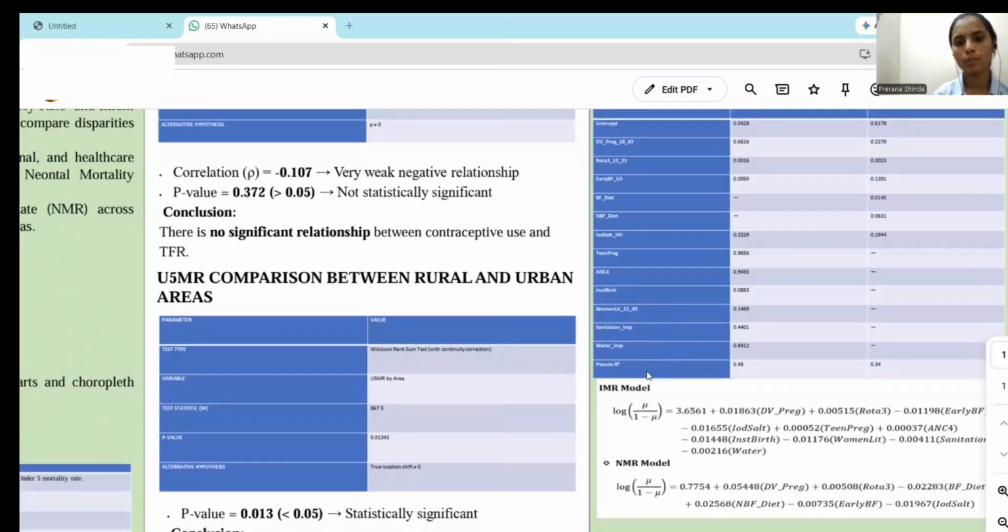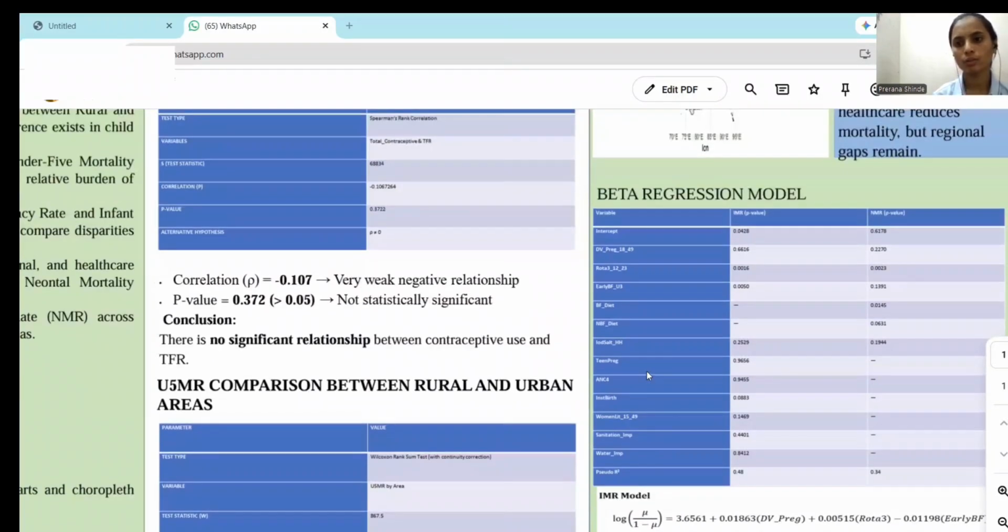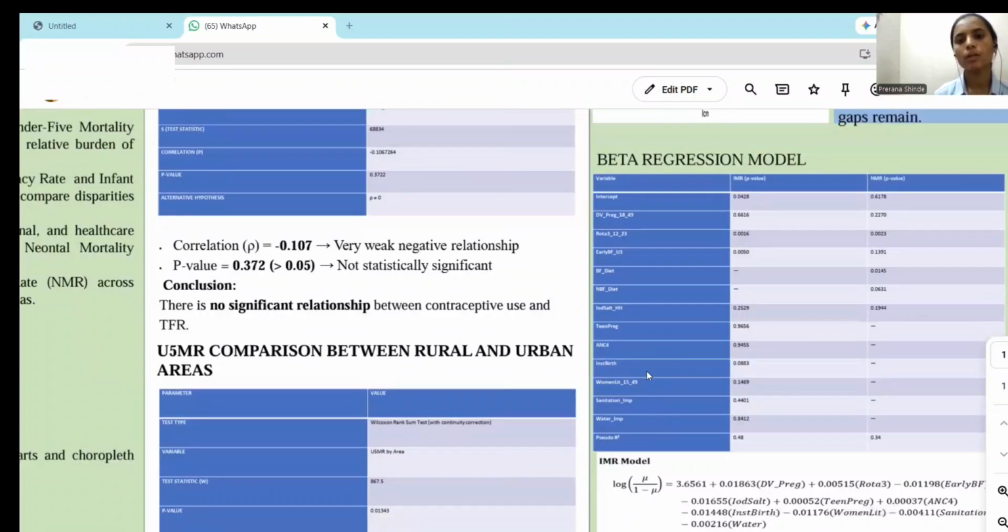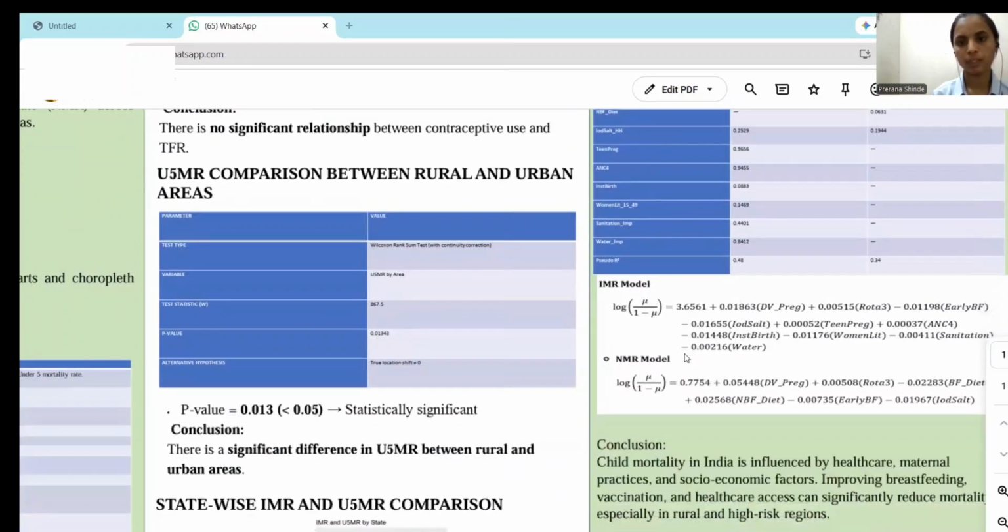And when we see the NMR, routine vaccination also has a positively significant effect on NMR. These are the model forms for IMR and NMR.